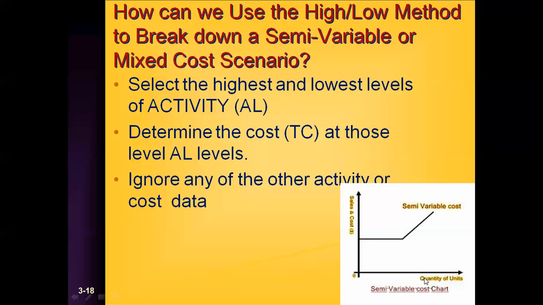You would also determine the total cost at each of those various levels. Here again, the total cost at each of these various levels would be called TC. And basically you would ignore all other data.